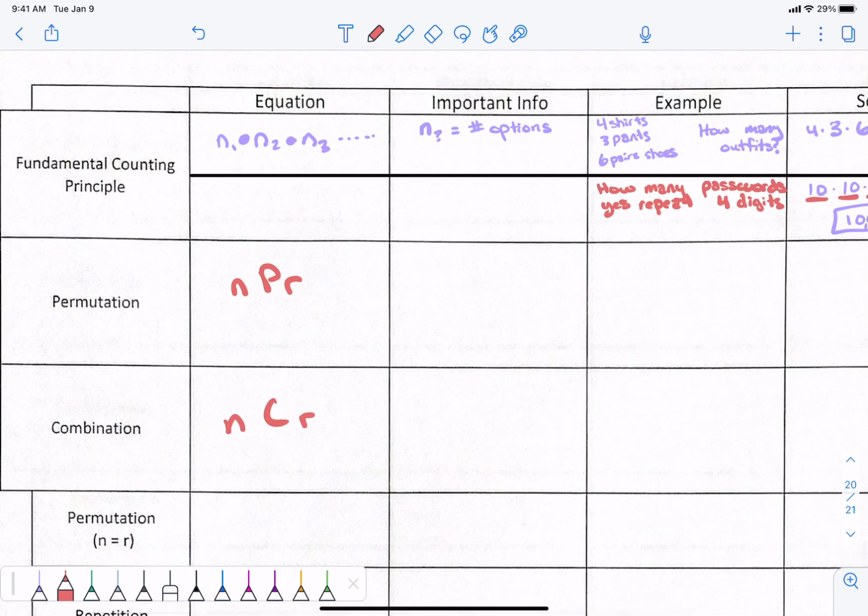What is n and r? I'm going to do this for each one of them. Same thing. n equals the total. What's r? r equals the number choosing. Okay, n equals total, r equals the number choosing.